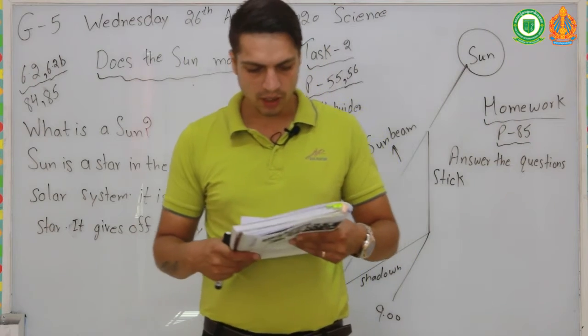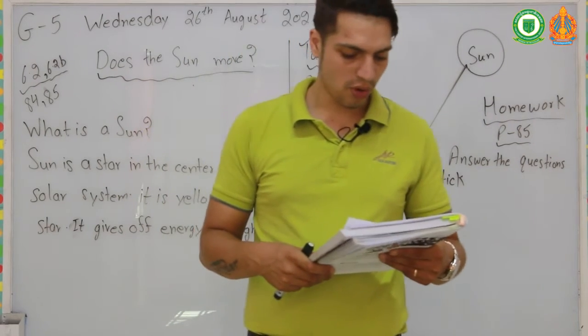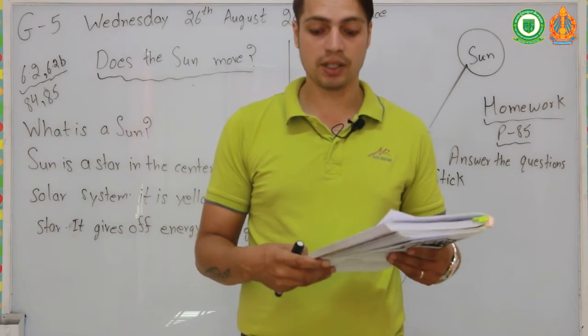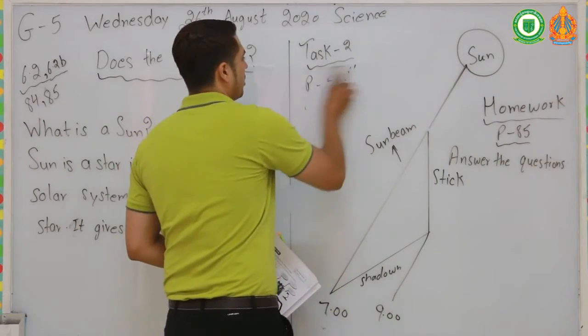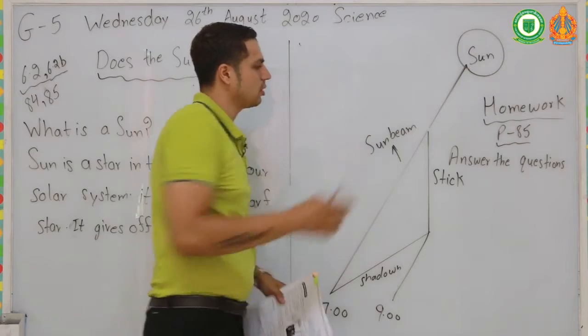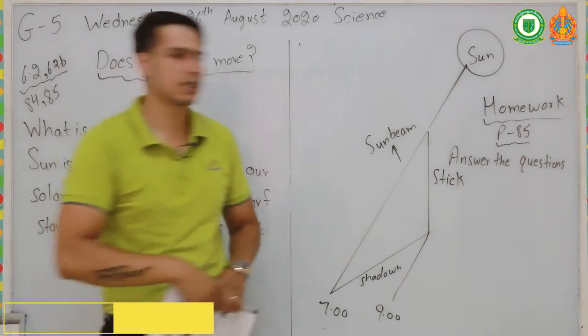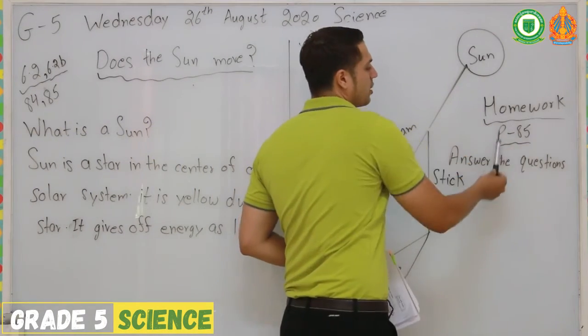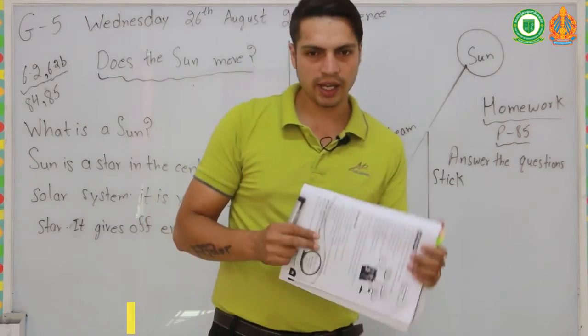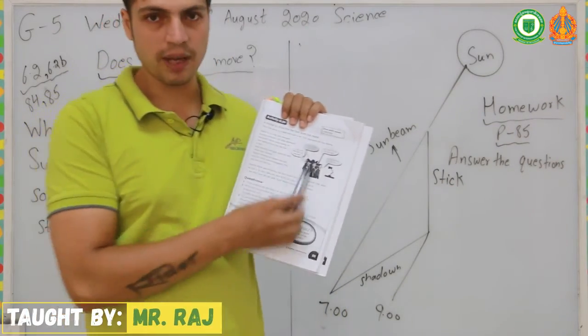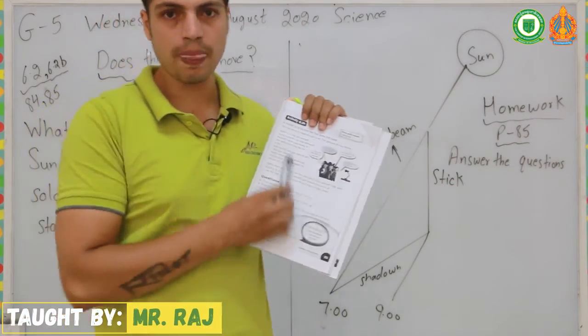Now it's time for your homework. Your homework is on page number 85. Let me erase this so you will not be confused. It's Task 2. Answer the questions. Here kids are doing an experiment. If you can do it at home, do it at home.